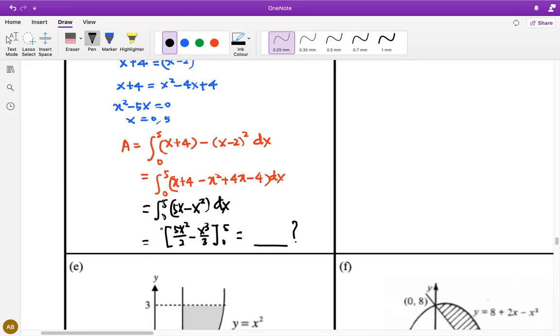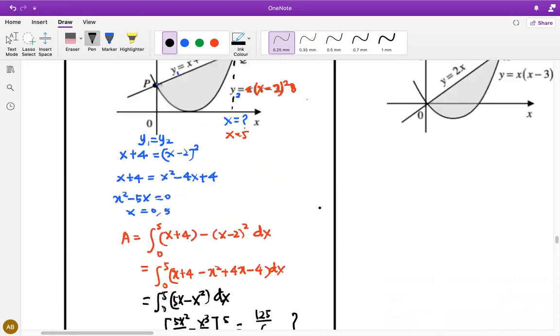So let's check. Okay, integrate. So you get the answer 125 over 6. Okay, 125 over 6.